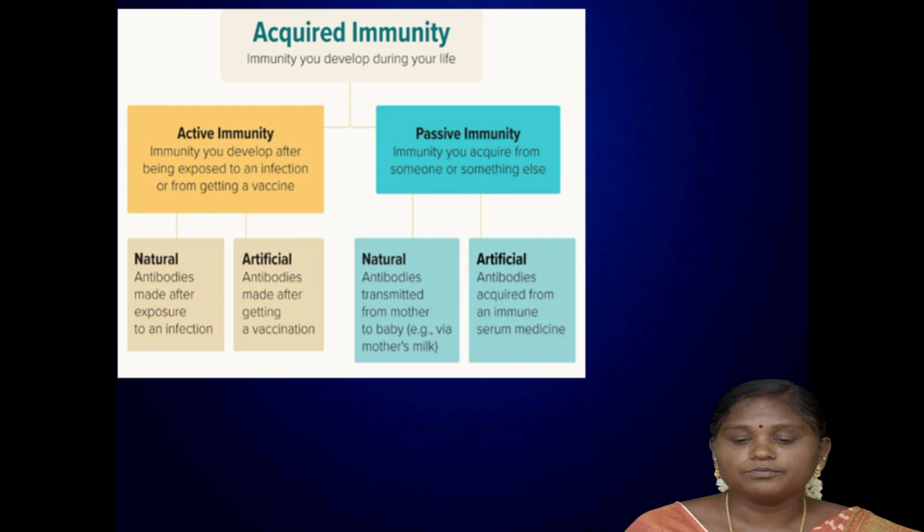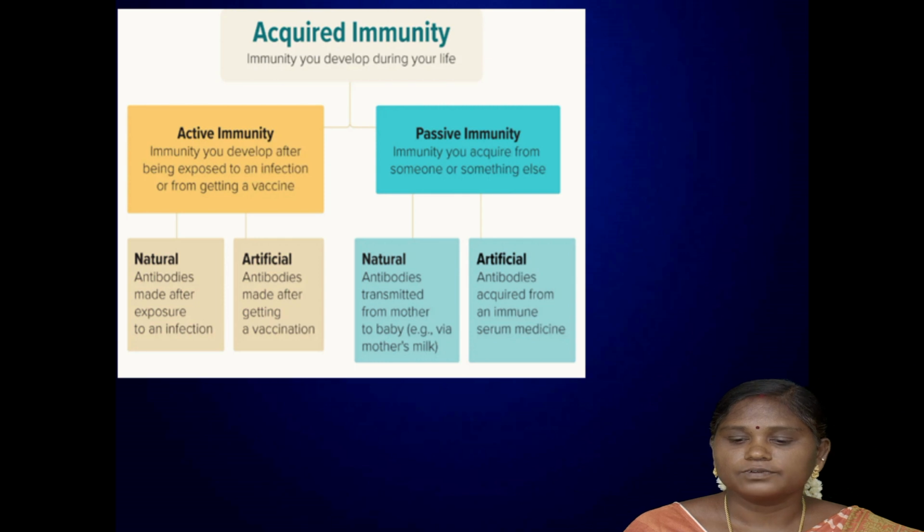The best example of natural passive acquired immunity is the baby in the mother's womb. The baby gets immunity from the mother, as the antibodies are transferred from mother to baby.